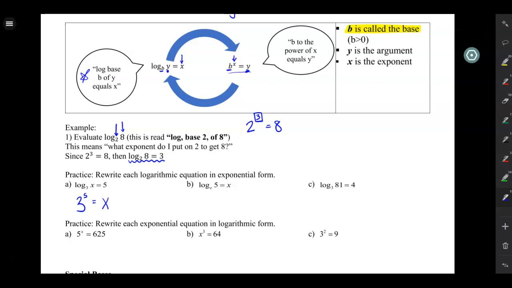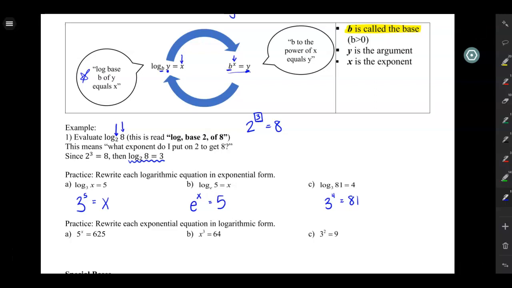So 3 to the 5 is equal to x. Next, log base e of 5 is equal to x. Now this e looks like a variable, but that's just a number. So we're just going to treat it like a number. So e to the x is equal to 5. And in the next one, I have log base 3 of 81 equals 4. So I have 3 to the 4th power is equal to 81.